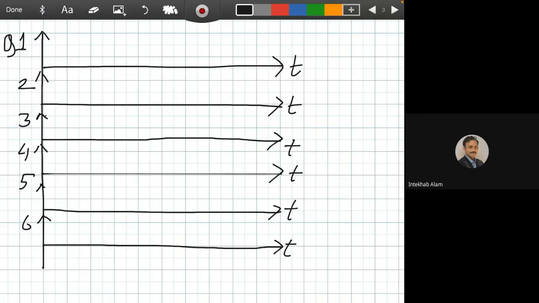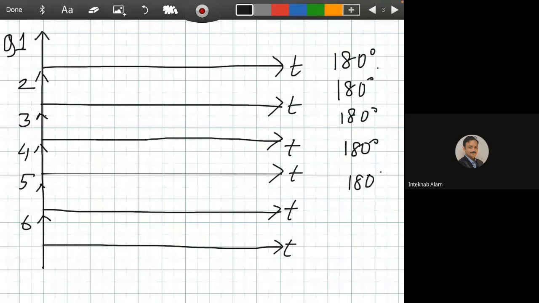Okay, so we need to think about one part: switch 1 will conduct for 180 degrees, switch 2 will also conduct for 180 degrees, switch 3 also for 180 degrees, switch 4 180 degrees, switch 5 180 degrees, and switch 6 180 degrees.